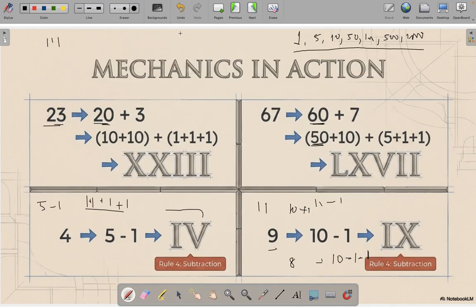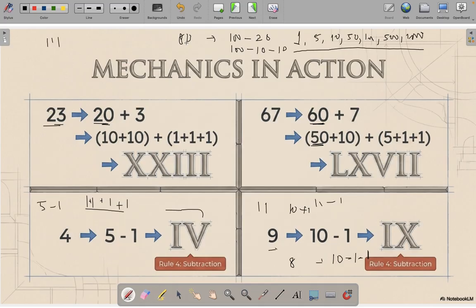80, so how can you represent 80? I can write it as 100 minus 20, and then I can write this as 100 minus 10 minus 10. Is this correct? Why? We can't subtract a number more than once.